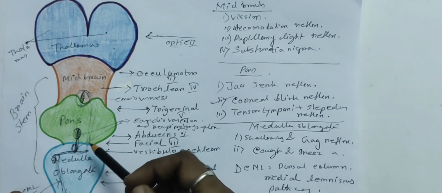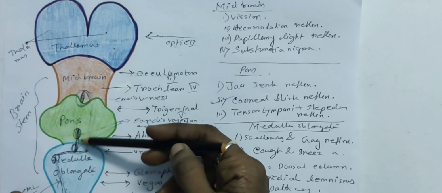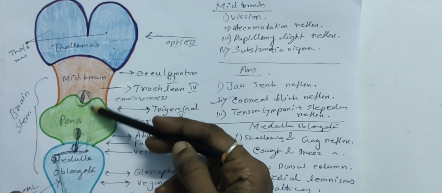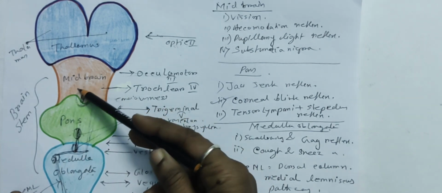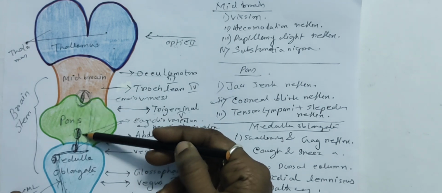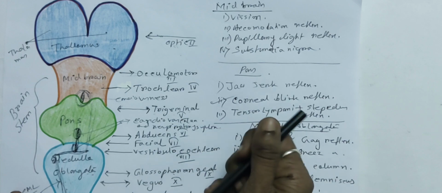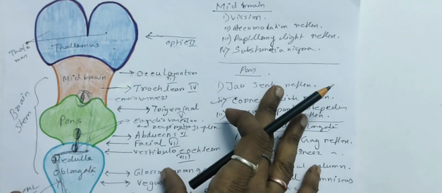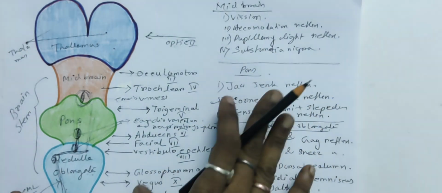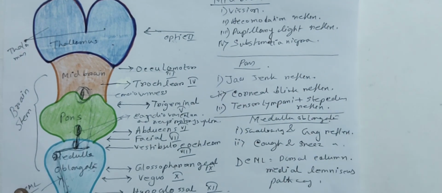In the brain stem you also find nuclei that form the reticular formation. The nuclei at the midbrain are associated with consciousness, and the nuclei in pons and medulla are associated with the normal functions of the respiratory and cardiovascular systems. So these are all about the brain stem.